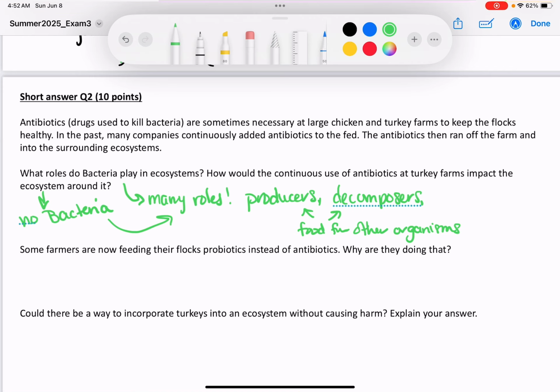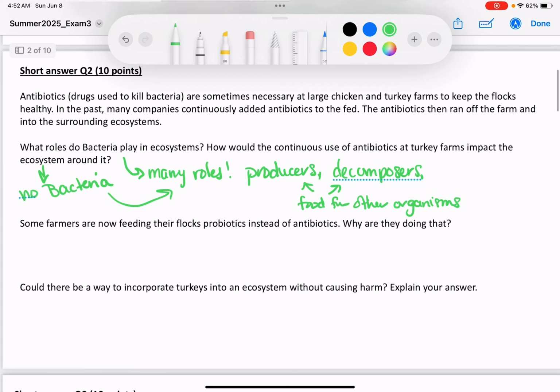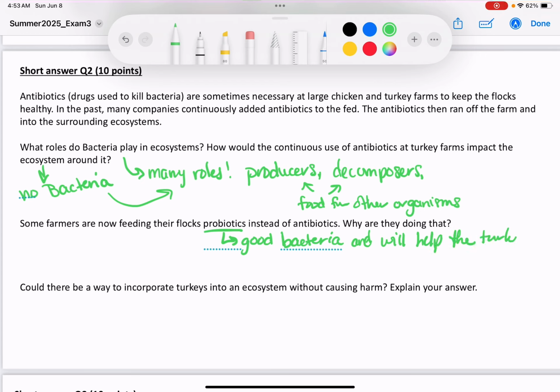Okay, some farmers are now feeding their flocks probiotics instead of antibiotics. Why are they doing that? So remember, these probiotics are good bacteria, and will help the turkeys, or chickens, whatever, fight off the bad bacteria.